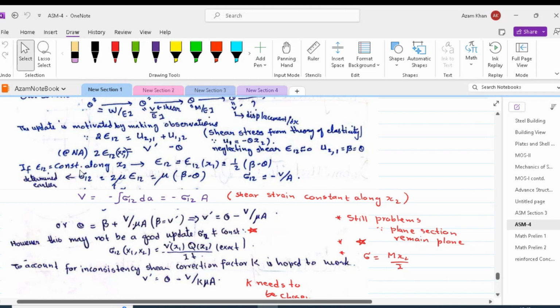But in this we have assumed that ε1,2 is constant along x2. So shear deformation is constant along the whole depth.